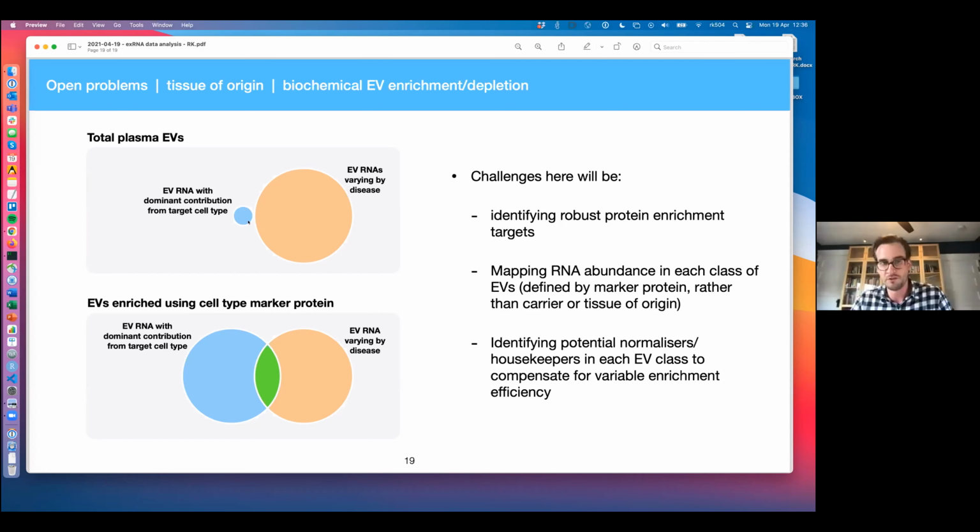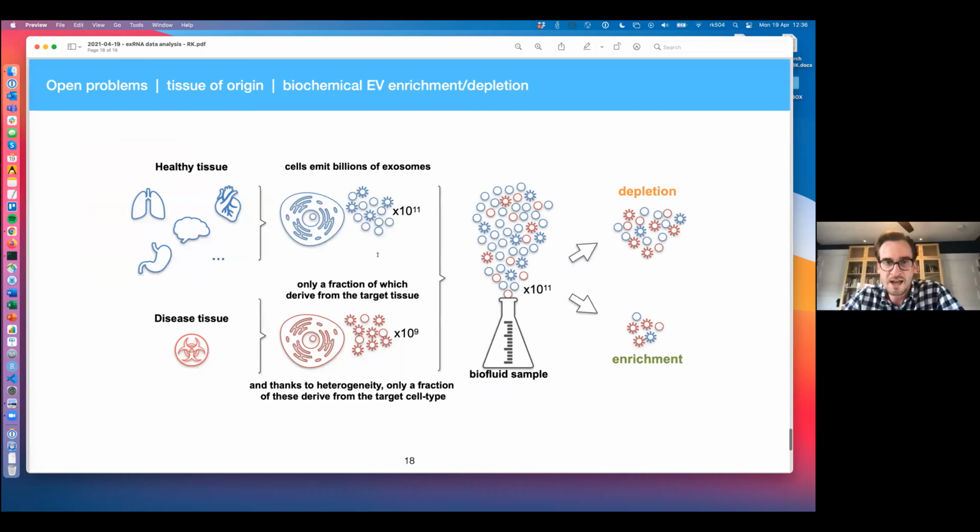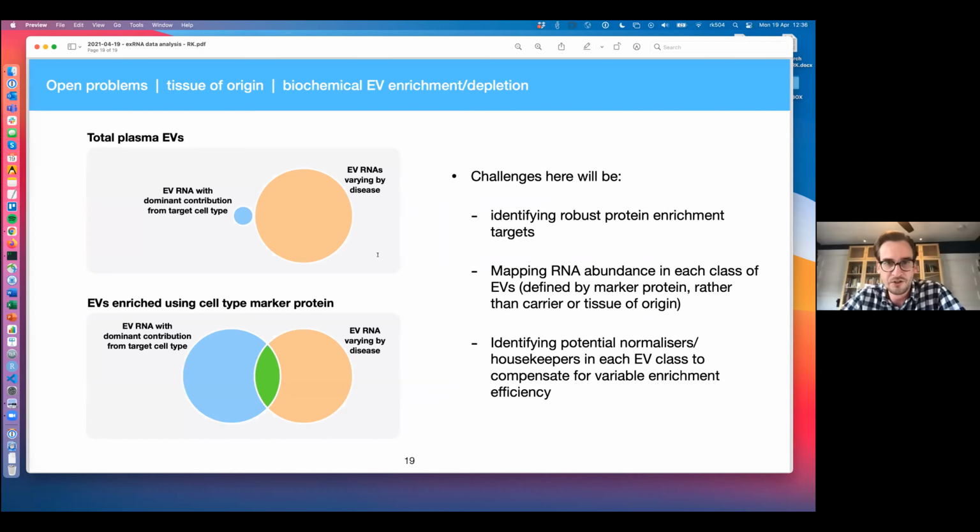Given this high background from other tissues, it's actually quite rare to find RNAs that satisfy both these conditions. It's possible, and actually cancer is one of the easier diseases to study for this, I think, but it's possible to find them, but they're in the minority for sure.